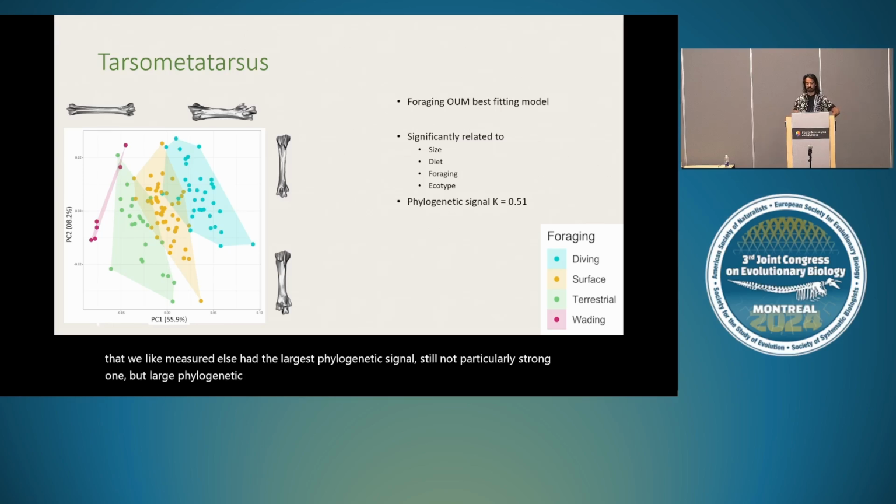And once again, it's categorized by a terrestrial to diving spectrum, where waders and terrestrial species have a long, skinny tarsometatarsus, and divers have a very short, stout tarsometatarsus, with a slightly different positioning of the trochleae, which are the little toe bits at the end.